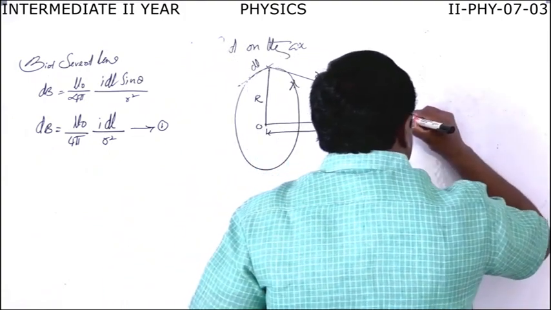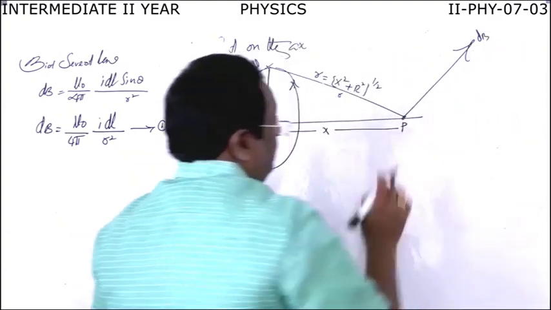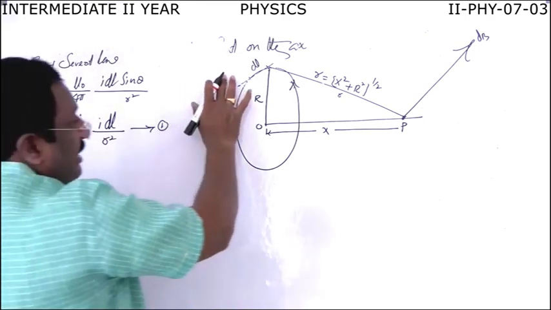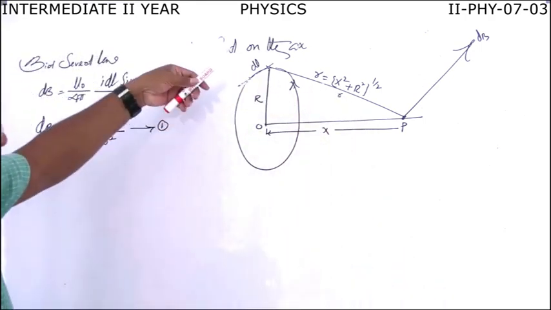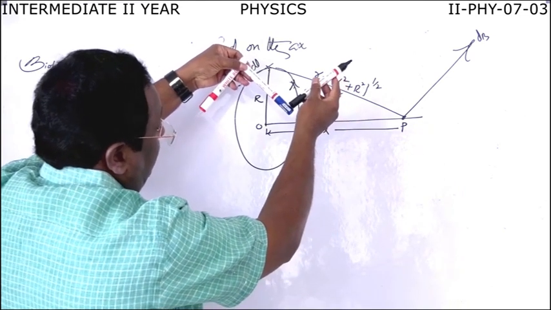In which direction? Here the direction of the magnetic field is perpendicular to this position vector. It is always perpendicular to the plane containing dl and r. This is dl, this is r, so this is the direction of the magnetic field.